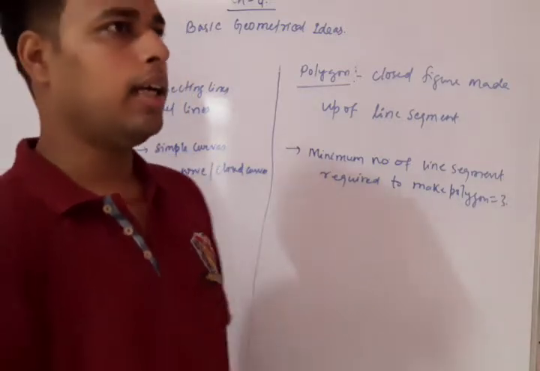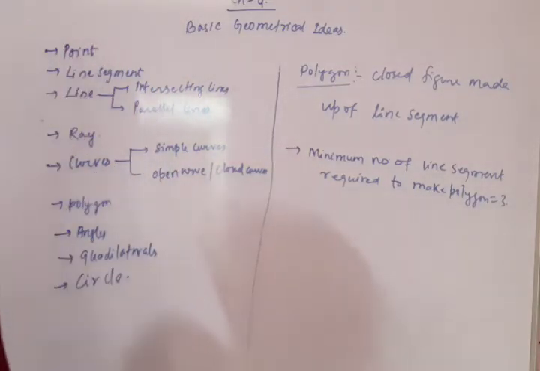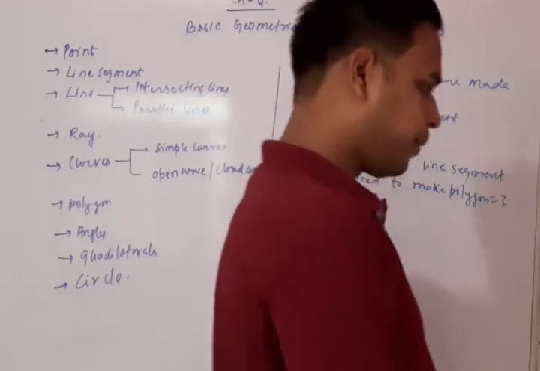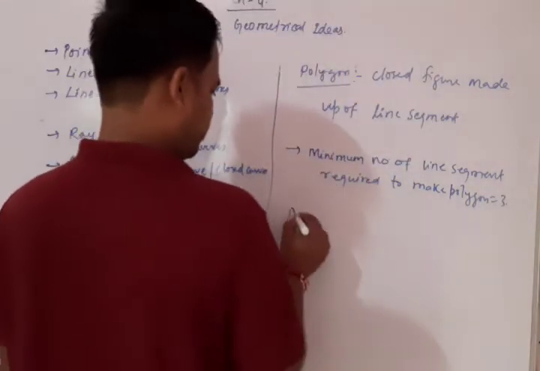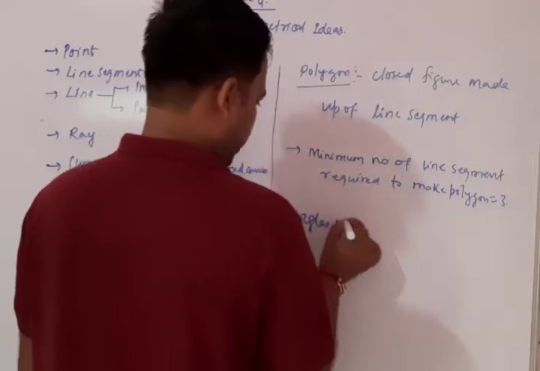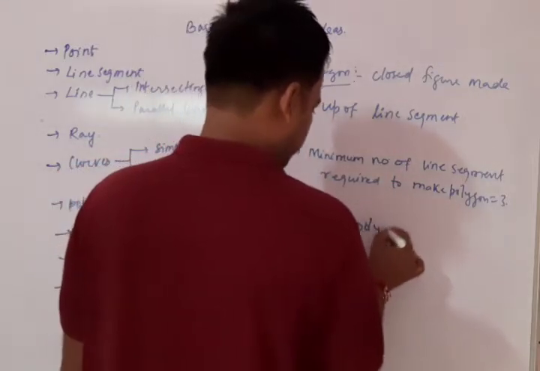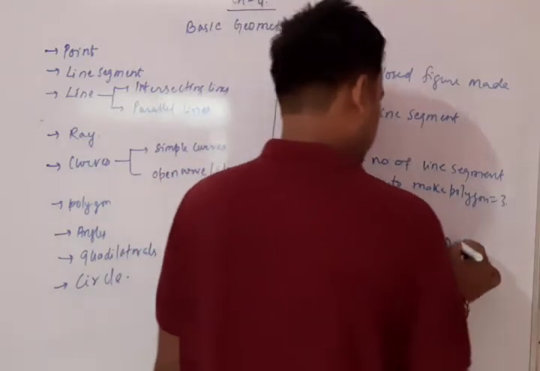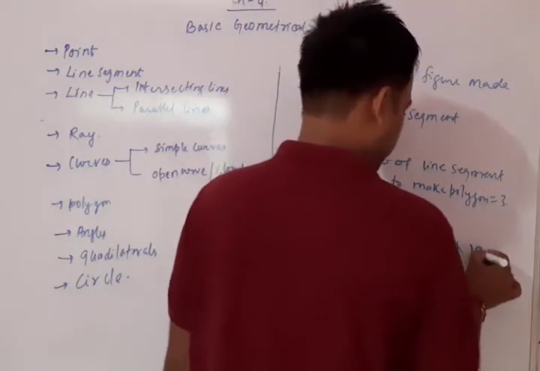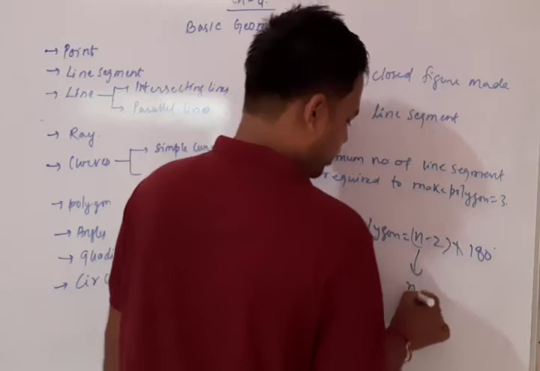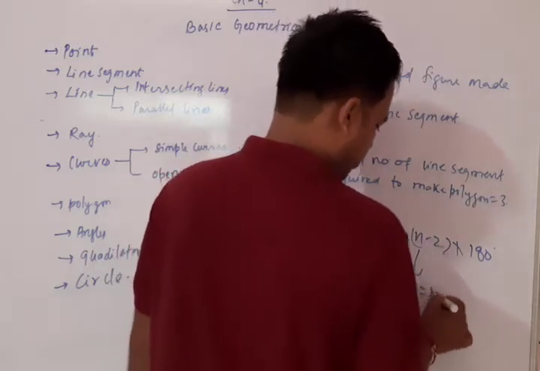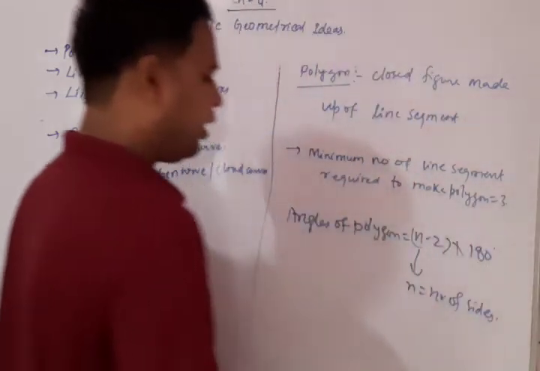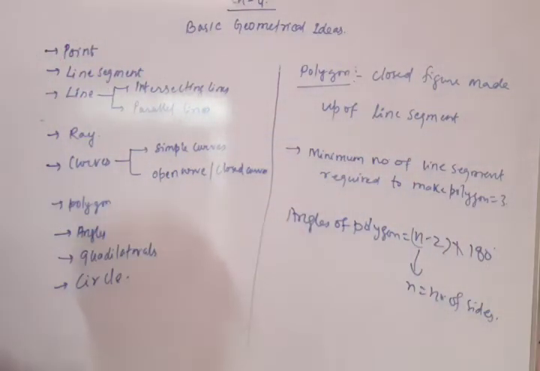Now the angles: how do we find the angles of a polygon? The angle sum of a polygon is given by (n minus 2) multiplied by 180 degrees, where n is the number of sides.